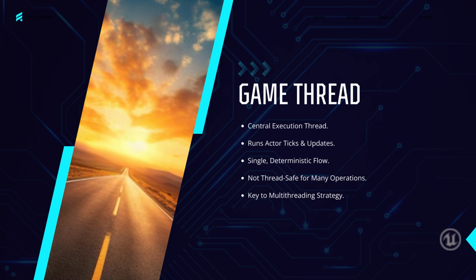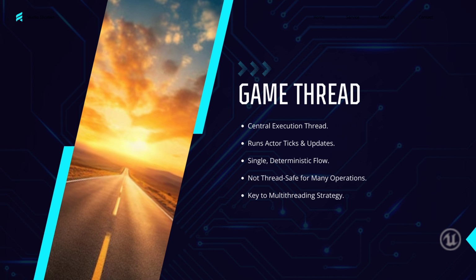In Unreal Engine, the game thread is the main thread that runs your gameplay logic, updates actors, processes input, and communicates with various engine subsystems each frame. Think of it as the heartbeat of your game's logic, the single thread that ensures all gameplay code runs in a safe and deterministic order.